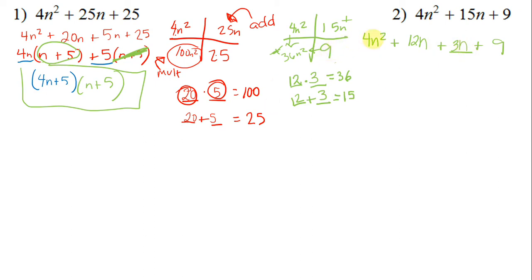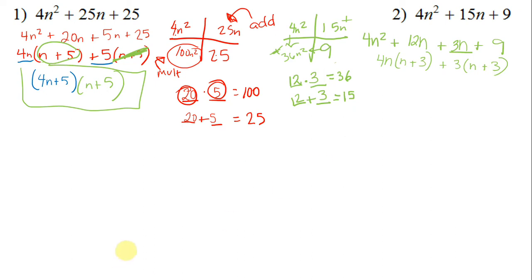Then I'm going to factor out the greatest common factor. Out of 4 and 12, I can take out a 4. And from n squared and n, I can take out an n. Here, this leaves me with n. This over here leaves me with 3. Factor the greatest common factor out of these, which is 3. 3n divided by 3 is going to be n, plus 9 divided by 3 is 3.